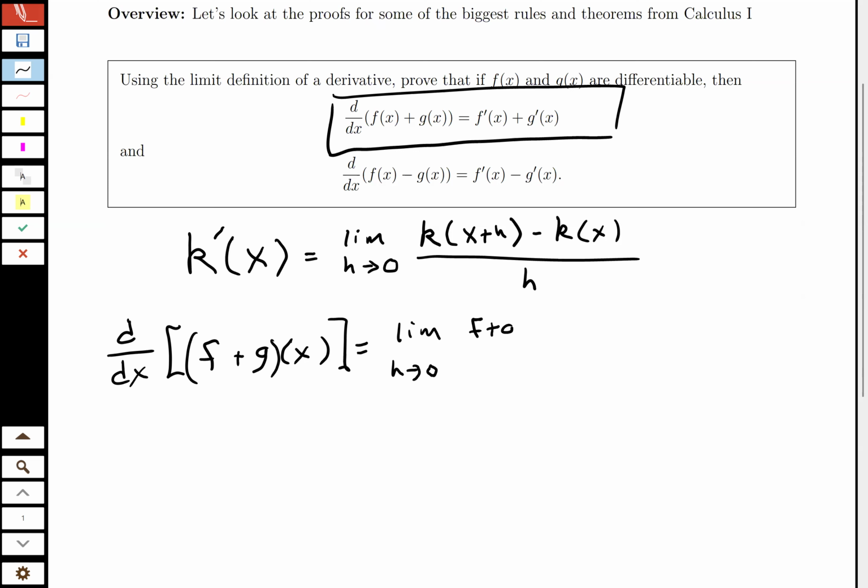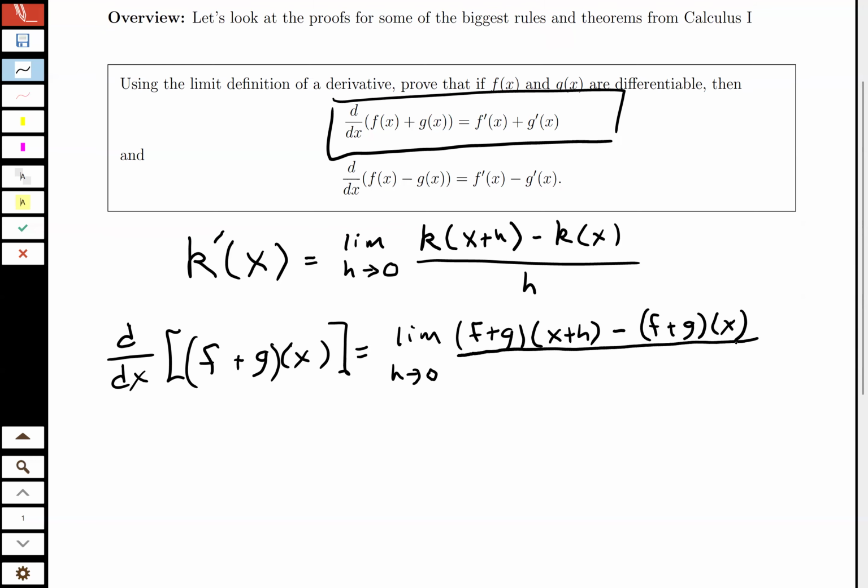Our function here is f plus g at an x value of x plus h, subtract our function at x. So k of x plus h, our function of x plus h, minus k of x, our function of x. And this is going to be all over h. That's how far apart x plus h and x are. They're h units apart. Rise over run.